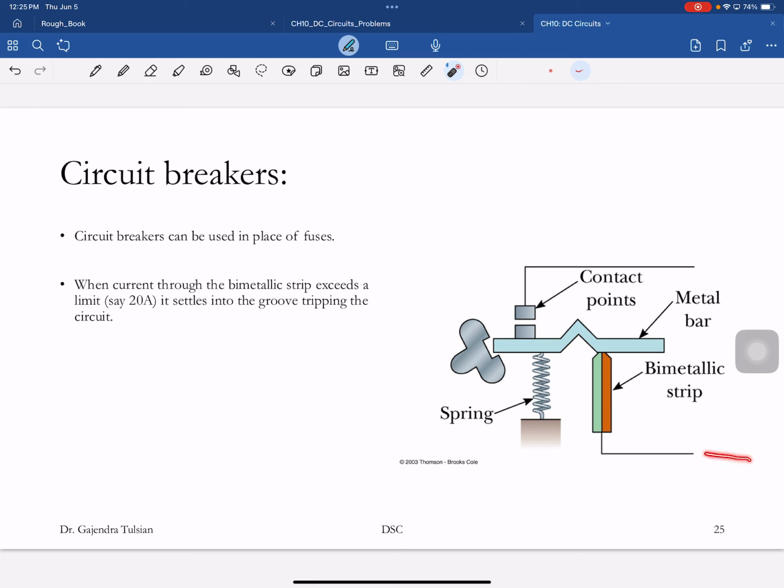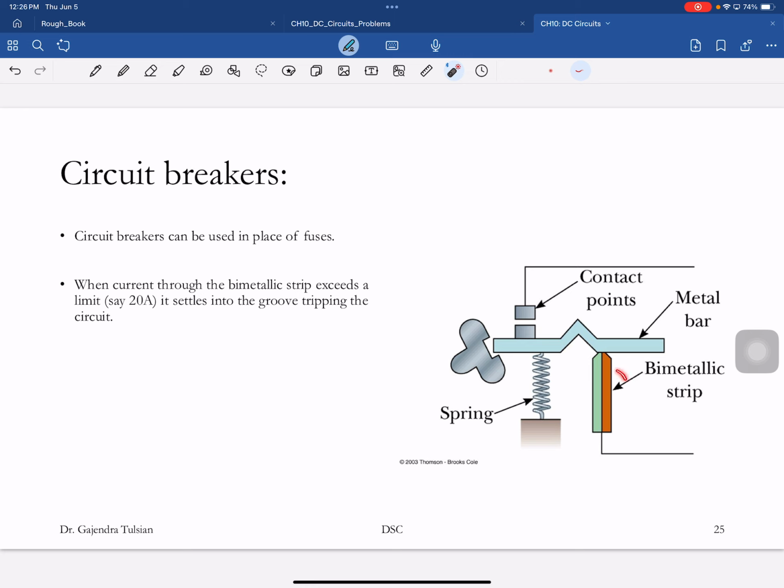So if too large a current flows through, this is a bimetallic strip. I don't know if they use these, but here's a way to solve it. They expand differently. This one will expand more than this one, and this bends like that, and it'll lose contact. So as soon as too much current flows through, the electrical contact is broken.